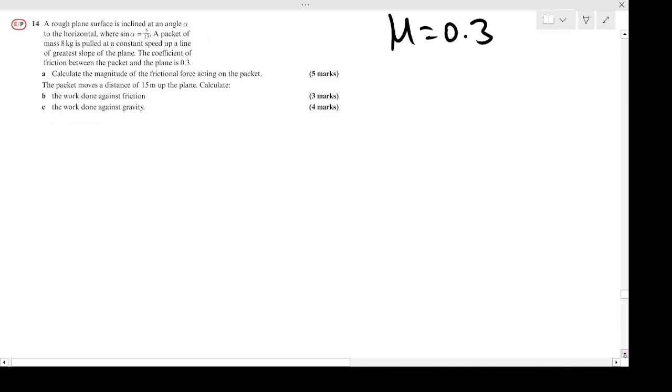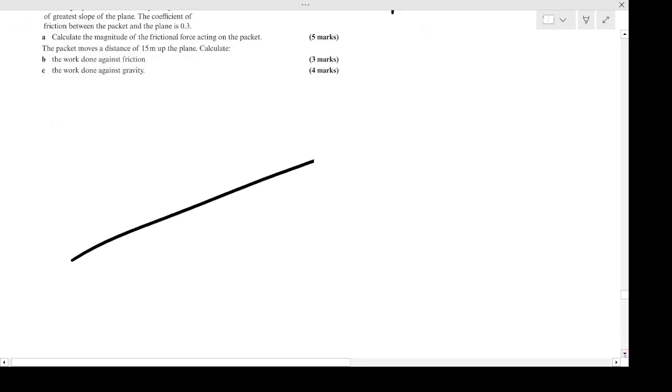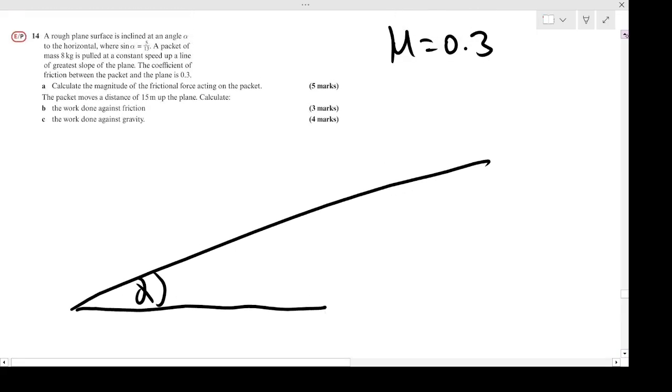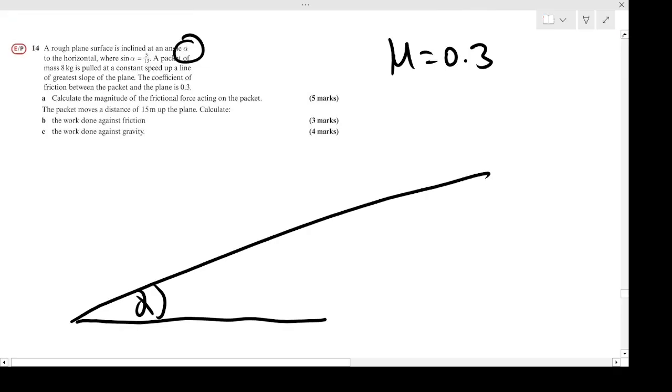So again, if I draw the situation here, it's angled at an angle alpha. They've not told us what alpha is specifically, which adds a little bit of complexity. But that's the angle. And so then I have my packet. Again, I'm going to draw a box.